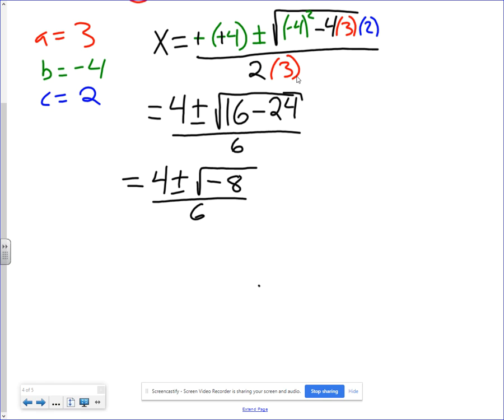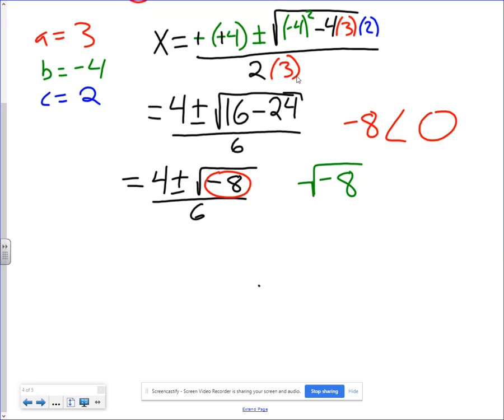So, since we know that this part's the discriminant, the part under the square root, we see that it's equal to negative 8. And we know that negative 8 is less than 0, so we expect to see 2 complex solutions, or 2 complex roots for this quadratic equation. So, let's work on simplifying this square root part.